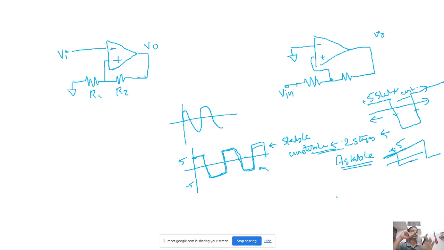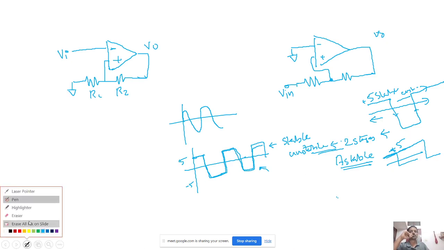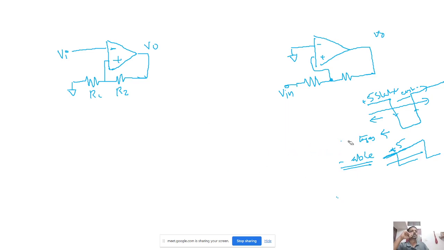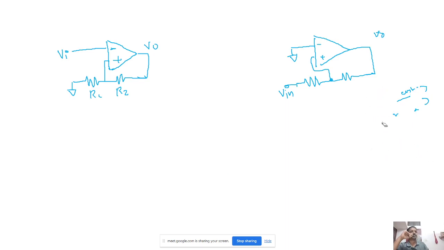Whichever state you put, it will be stable in that state. That's it. So that is multivibrator. In that, an astable multivibrator is considered to be the oscillator, and the bistable multivibrator we use as our flip-flops. It's similar to a flip-flop. If I give 1 to it, it will store 1. If I give 0, it will store 0. You understood?